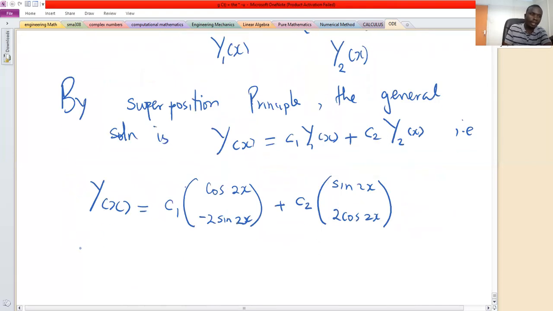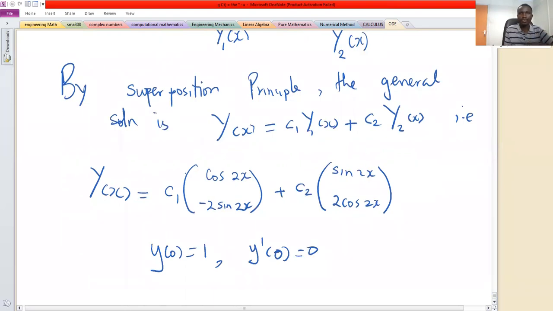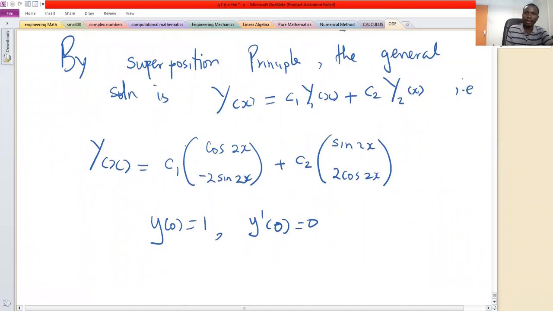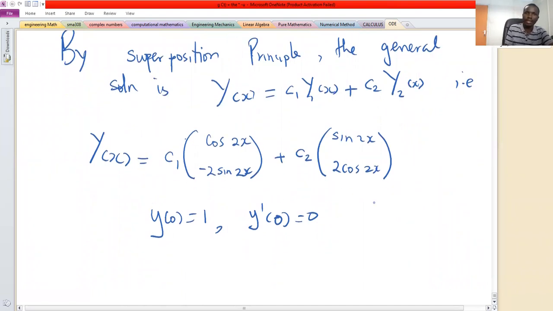Now, we were given for this same problem that y of 0 is 1 and y prime of 0 is 0. So we use these conditions to find the values of c1 and c2. Remember I said this can be written as capital Y of 0 is 1, 0. This notation shows that the first row is the function, the second row is the value of the derivative.